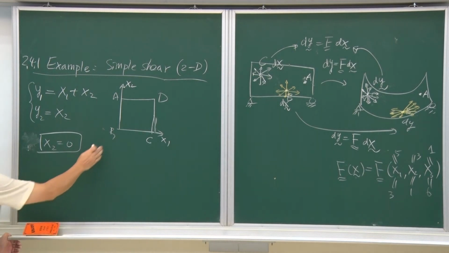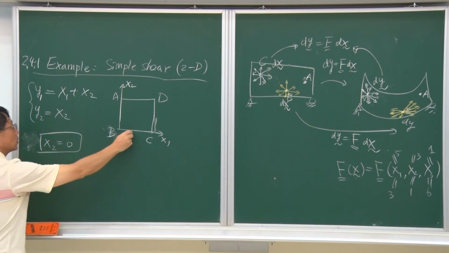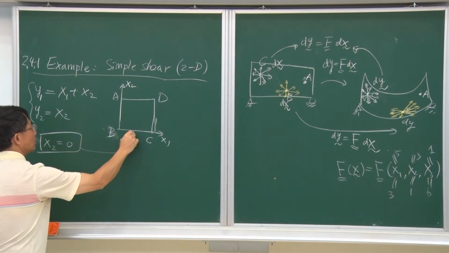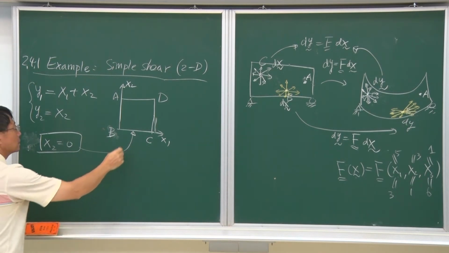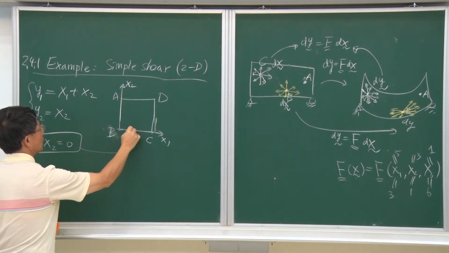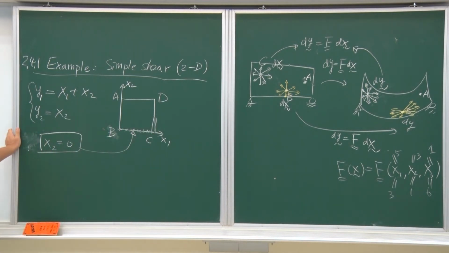If we talk about the line here, x2 equals 0, it is this line BC. Every point on this line has the property that x2 equals 0.